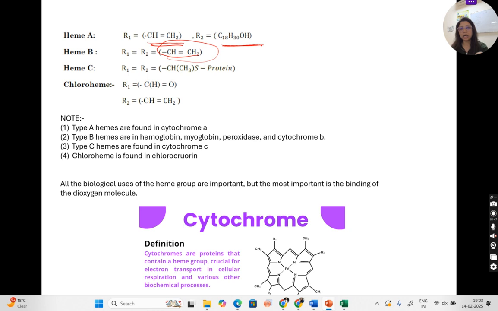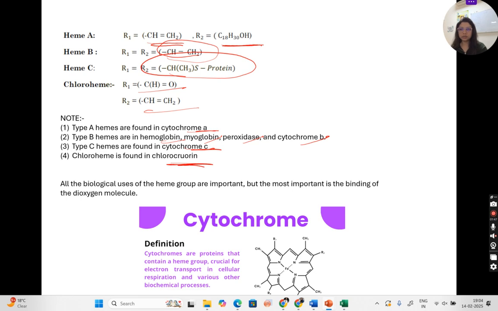Heme C has this group at R1 and R2, and chlorocruorin heme has this group at R1 and this group at R2. Type A hemes are found in cytochrome A. Type B hemes are in hemoglobin, myoglobin, peroxidase, cytochrome B. Type C are found in cytochrome C. Chlorocruorin heme is found in chlorocruorin.